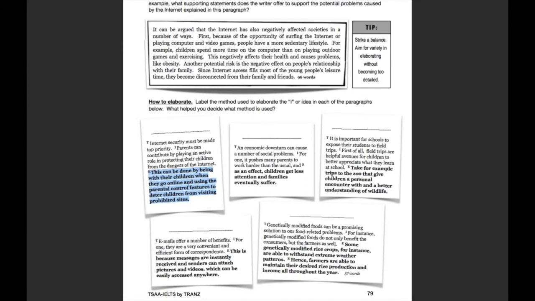How, a process, how it is done. You emphasize that in this case the word by is used, and this particular statement emphasizes how exactly can parents contribute and how can they protect them from the dangers of the internet.